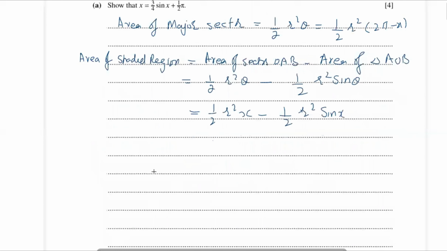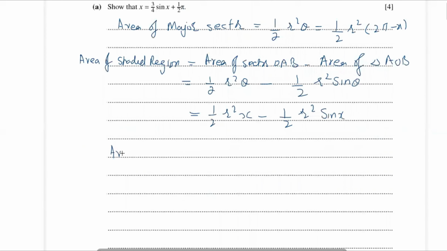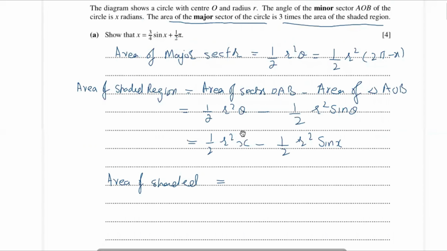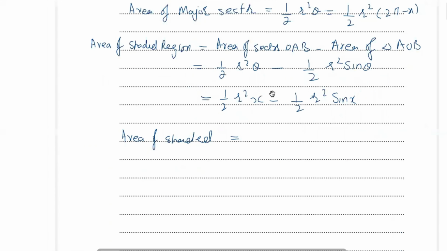Therefore, we can write the area of major sector is 3 times the area of shaded region.